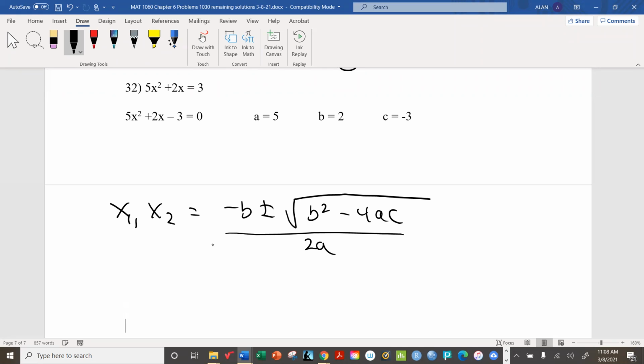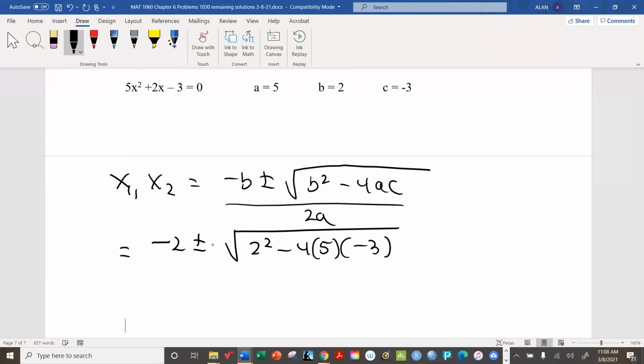All right, let's do it. So we'll have minus 2 squared minus 4 times 5 times -3 over 2 times 5.